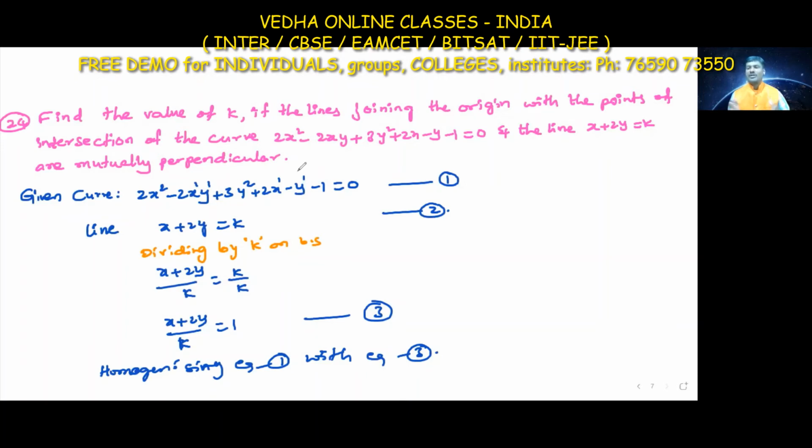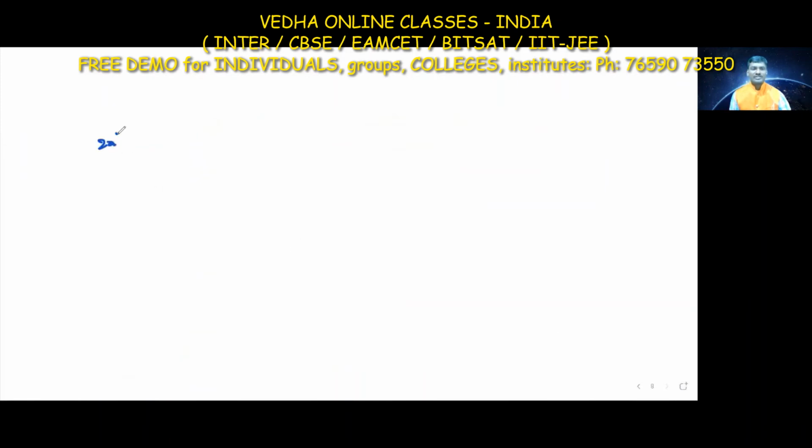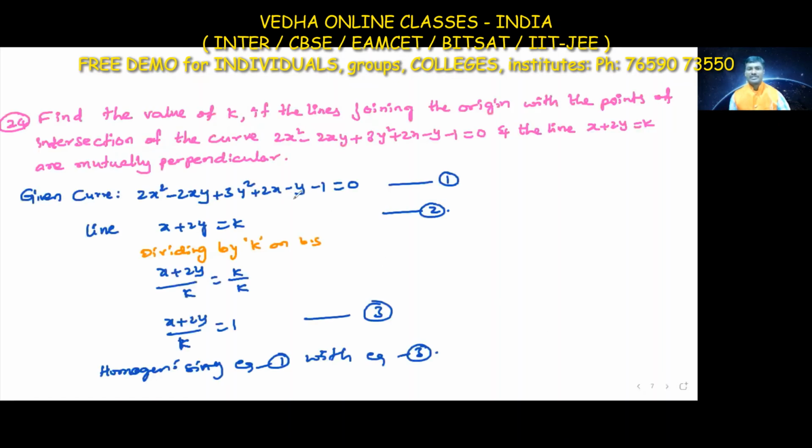We have to equate all the powers. Now the equation is 2x square minus 2xy and 3y square plus 2x minus y minus 1 equal to 0. This is the given first equation.